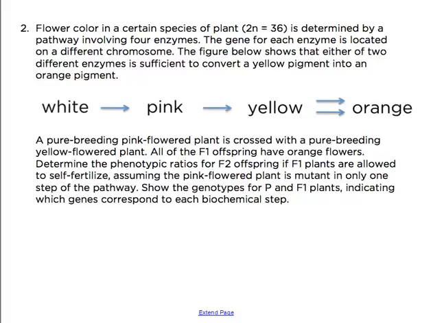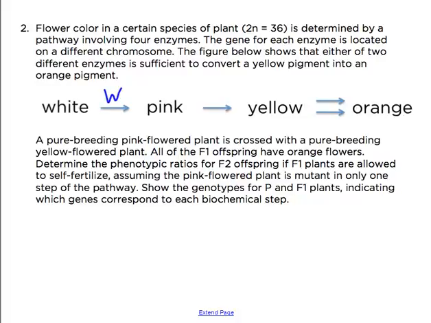So let's look at this biochemical pathway. We have a white pigment going to a pink pigment, which then goes to yellow, and then either of 2 different enzymes can convert yellow into orange. So let's write the gene products. We can pick whatever letters we want, and these will also be the alleles that we're going to write in the genotypes. So from white to pink, we can call this gene product, let's say W for white.